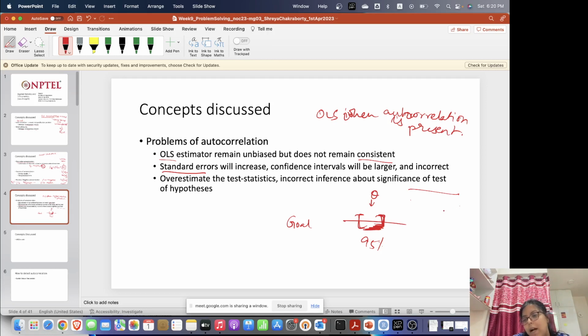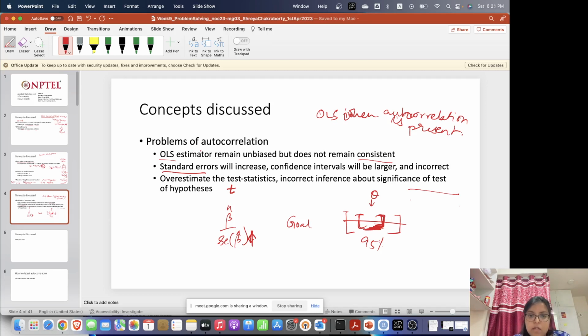So if that part increases, then the confidence intervals get larger and might become incorrect, and we would also get incorrect tests of hypothesis, because of the t statistics for each of the regression equations. If we have the standard error of beta hat, and this term increases or decreases, then we would have something very incorrect.